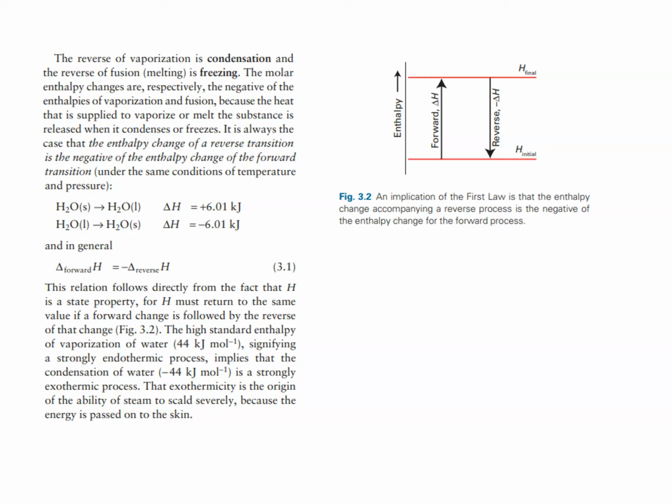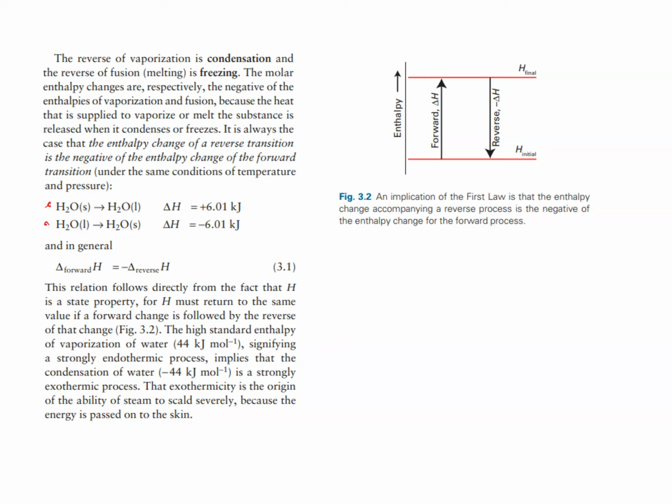So if we're looking at the transition of solid water to liquid water, in our first example here, that's going to have a delta H of positive 6.01 kilojoules per mole. Now, water going from the liquid state to the solid state is going to have a delta H of negative 6.01 kilojoules per mole.